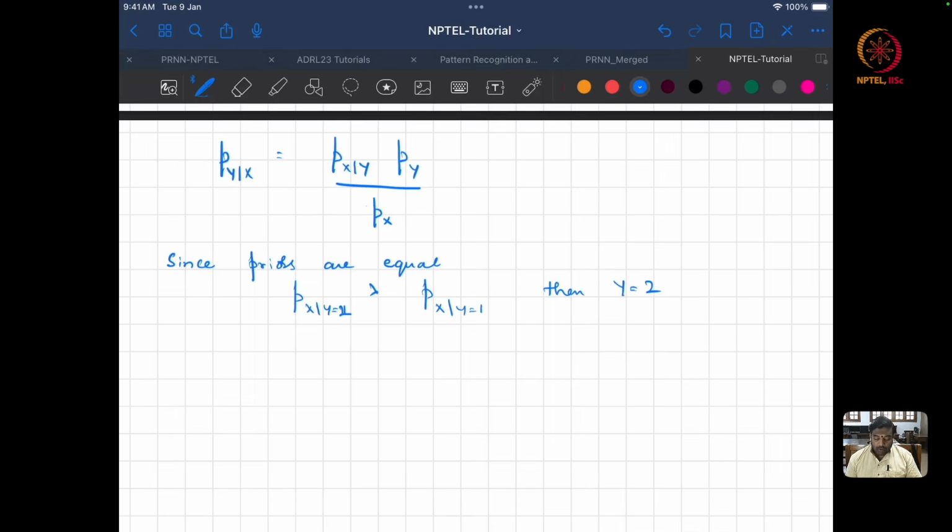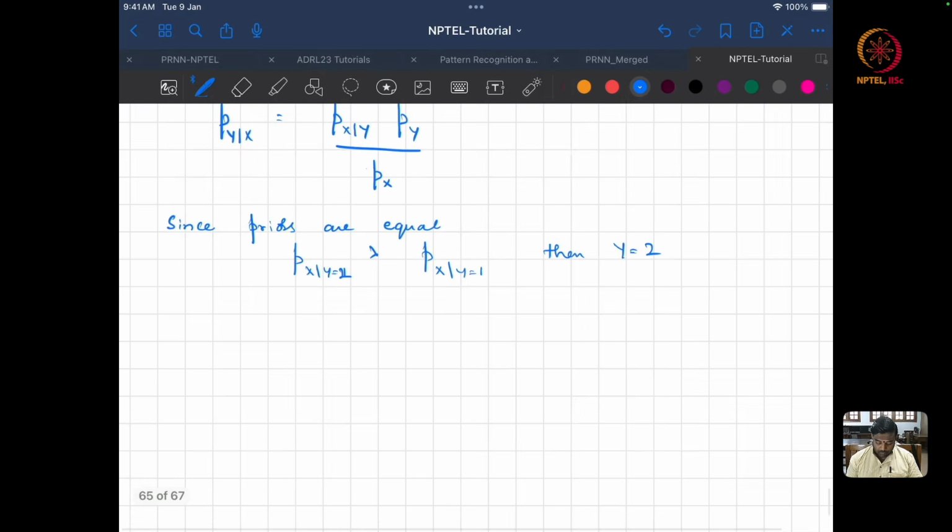Okay, so now let's bring in a couple of things. We know that x given y equal to 1, this class conditional, is uniform over the region [1,3] cross [1,3]. Okay, let's call this region S1, pertaining to class 1.